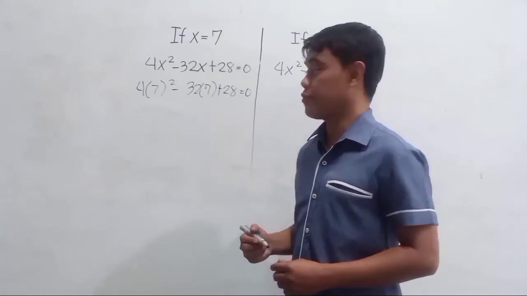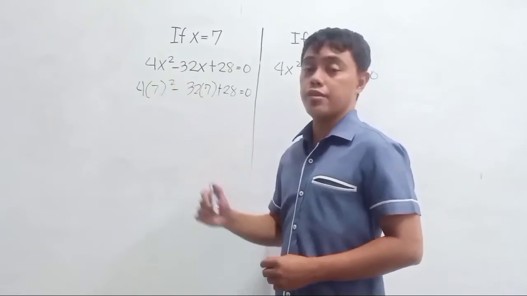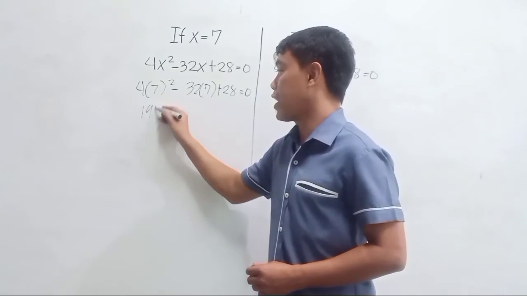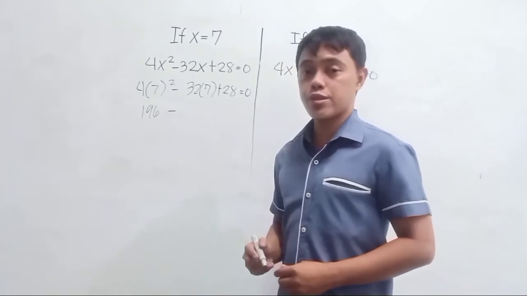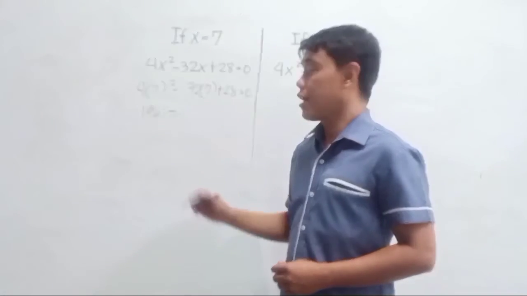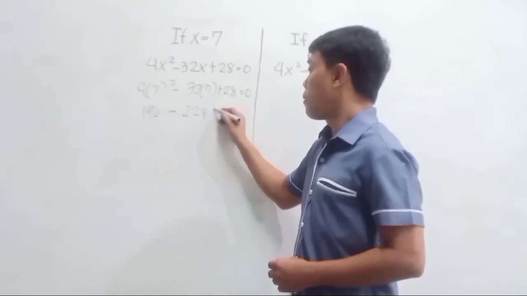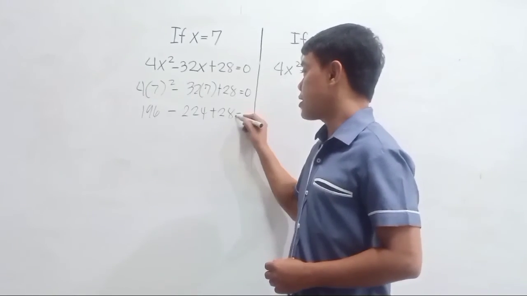Simplify the equation. 7 squared times 4 is equal to 196. Minus 32 times 7 is equal to 224. Plus 28 is equal to 0.